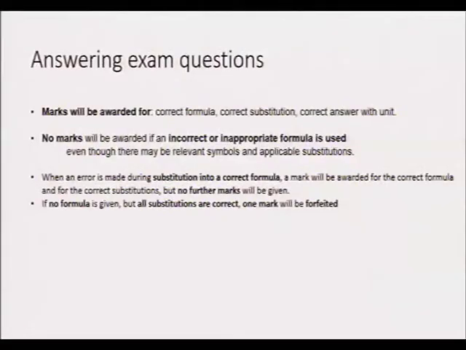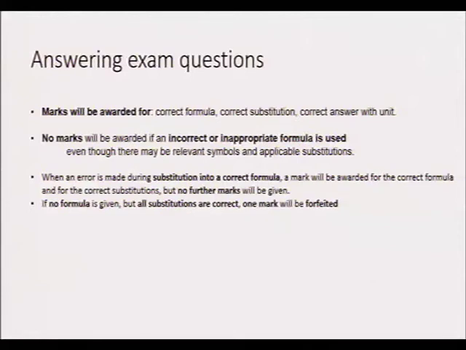Okay, now some hints on answering the examination questions. Marks will be awarded when you are writing. Be mindful of this. Marks are awarded for the correct formula, the correct substitution, like I have been showing you, the correct answer with units.